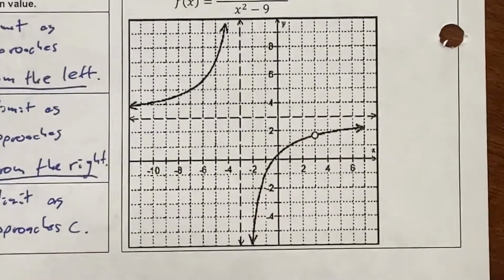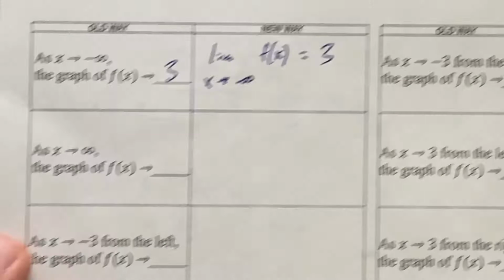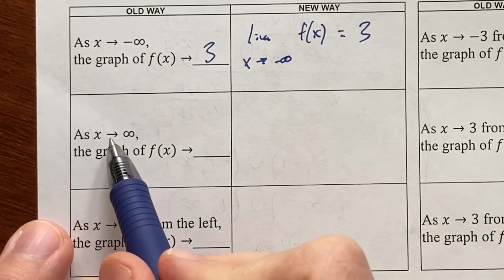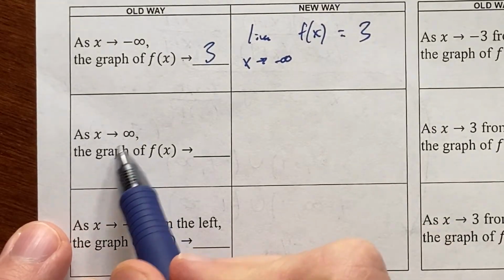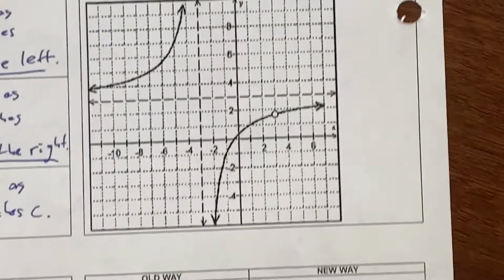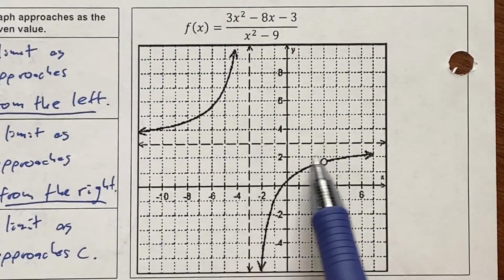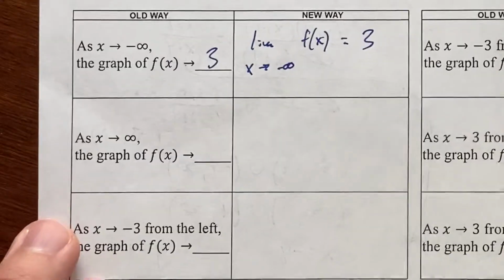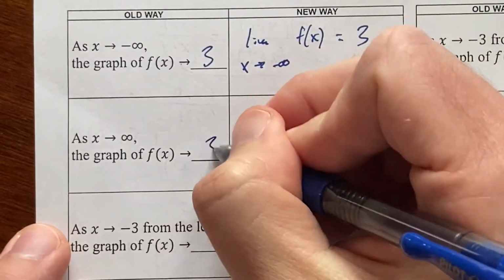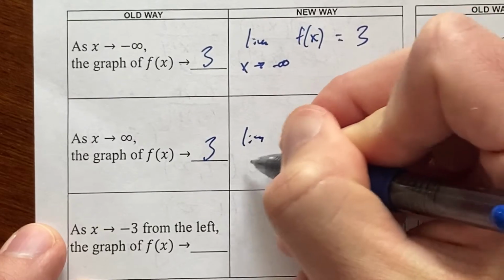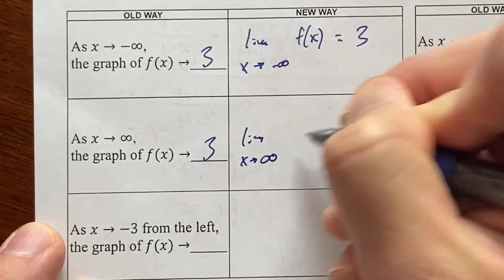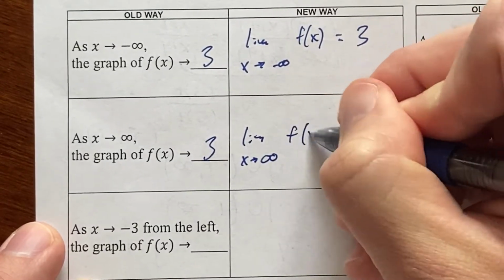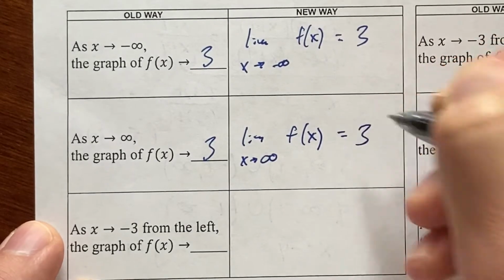Next one, as x approaches infinity, the graph of f of x is, so as x approaches positive infinity, the graph is getting closer and closer to 3. So we'll write this as the limit as x approaches infinity of f of x equals 3.